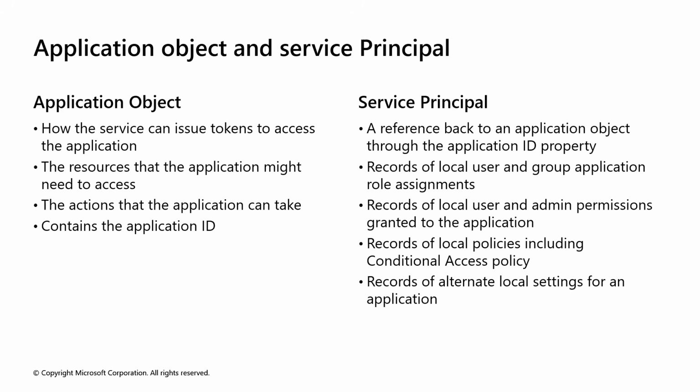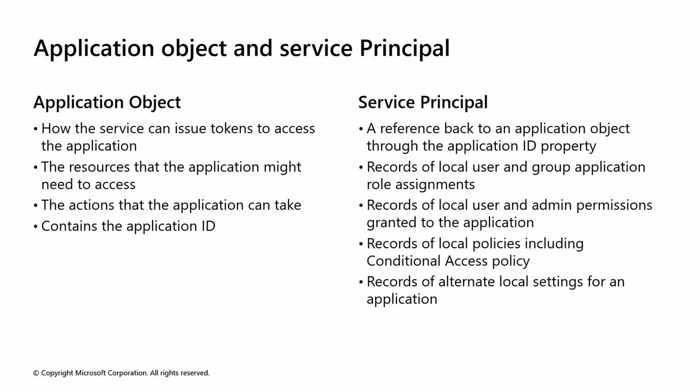The relationship between the application object and the service principal is crucial for both single-tenant and multi-tenant scenarios. A single-tenant app will have one service principal in its home tenant, while a multi-tenant app can have a service principal in each tenant, created when a user from those tenants consents to use the app.